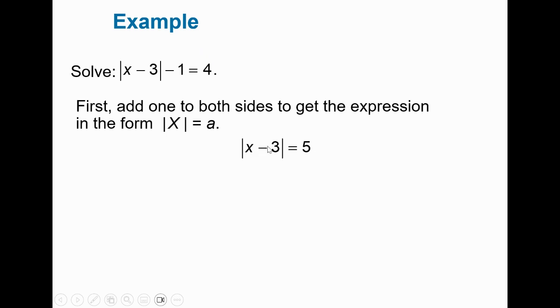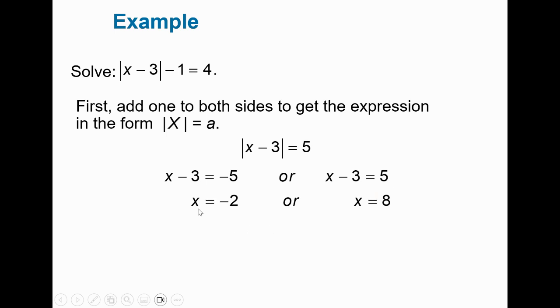X minus 3 could have been negative 5, but because it was enclosed in absolute value symbols, I had to make it positive. Or maybe x minus 3 was positive 5 all along. The absolute value of a positive 5 is just that, 5. So two cases to consider. One when the thing inside the absolute value was negative 5, and one where it was equal to positive 5.